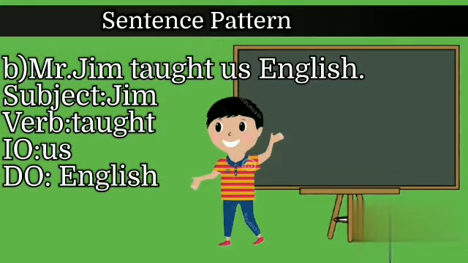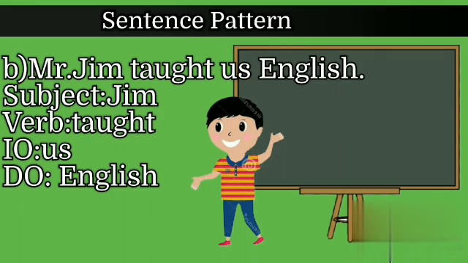Here we have another example using subject, verb, indirect object, direct object. Mr. Jim taught us English. Here Jim is the subject, taught is the verb, us is the indirect object, English is the direct object. If you ask for whom Jim taught English, us is the answer.